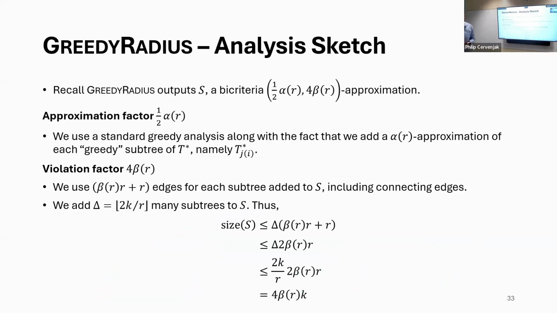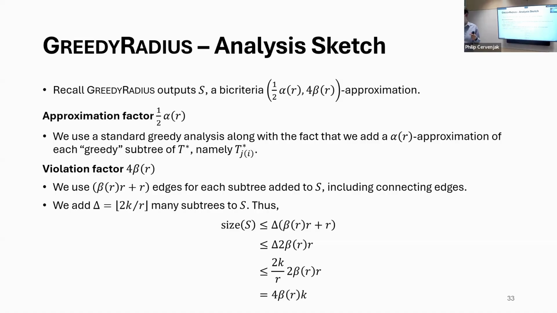And just to give you a rough idea of the analysis, I won't go into too much detail. To analyze this algorithm, we analyze first the approximation term, half alpha of R. We just use a standard greedy analysis.